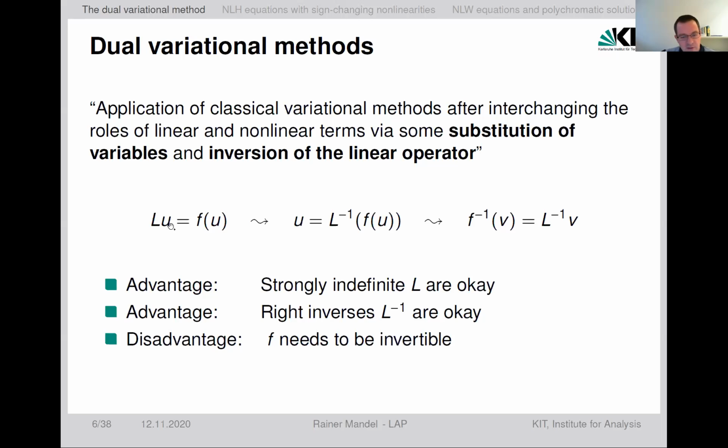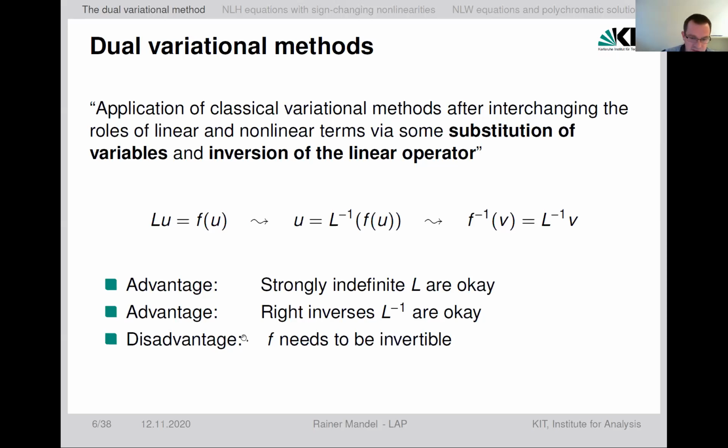So if L to the minus 1 represents a right inverse of the operator, in our case of the Helmholtz operator, then you can study this equation here and produce some critical points, and these critical points will, by inverting this substitution, produce a solution of your original problem. The other way around, it doesn't work because you only have right inverses. But never mind, you can find a solution of this equation by solving the dual problem, actually.